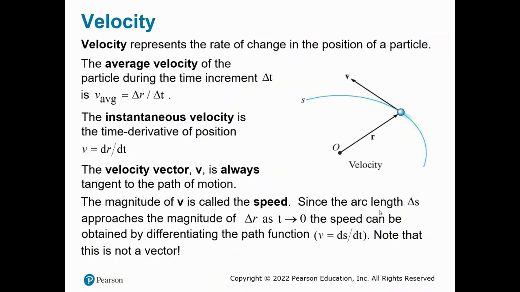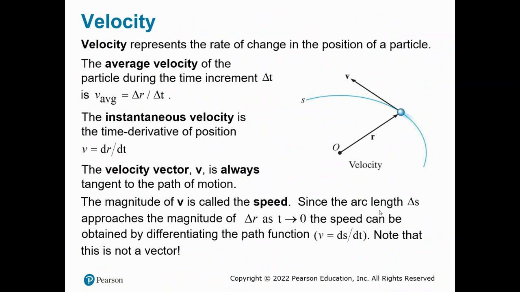Velocity represents the rate of change of the position, so how fast I'm moving from one location to another. Average velocity is defined over the time increment delta t: average velocity equals delta r, the change of position, over a period of time, delta t.